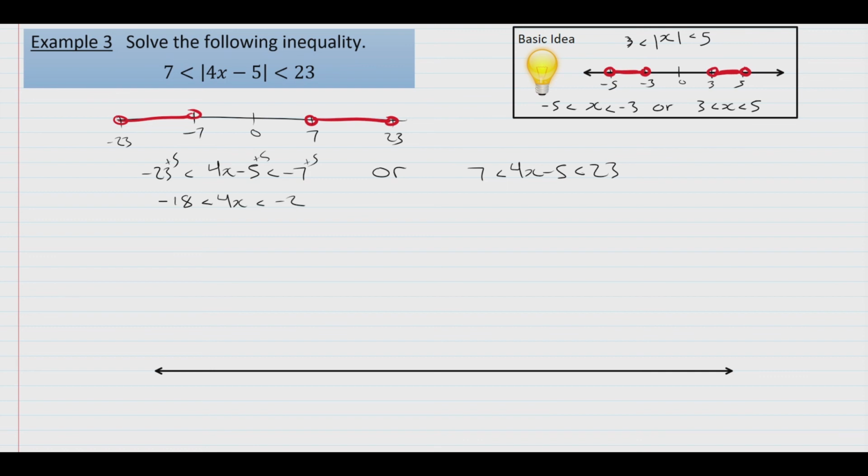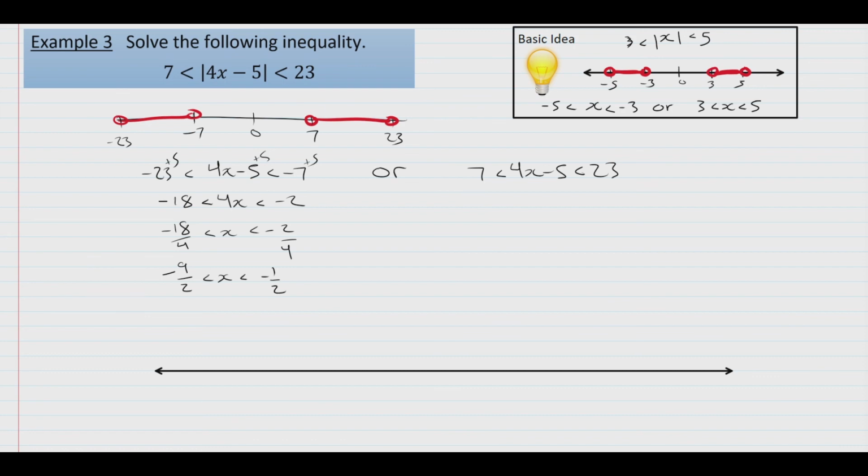And dividing by 4, we get negative 18 over 4 is less than x, which is less than negative 2 over 4. And we can reduce these fractions, the first one being negative 9/2, and the second one being negative 1/2. And if you feel like it, you could write negative 9/2 as negative 4.5, and negative 1/2 as negative 0.5.